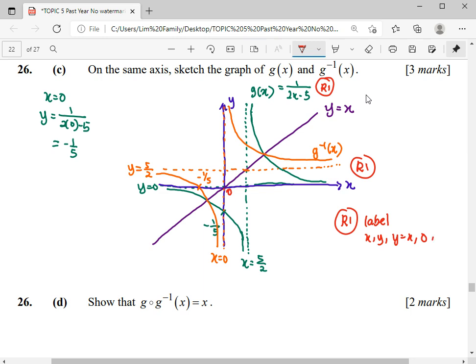And then check your asymptote. y equals to 0, x equals to 0. So we have 4 asymptote here. And your name of your graph, G of x, G inverse, all the label. So 1, 2, 3, 4, 5, 6, 7, 8, 9. 9 things.